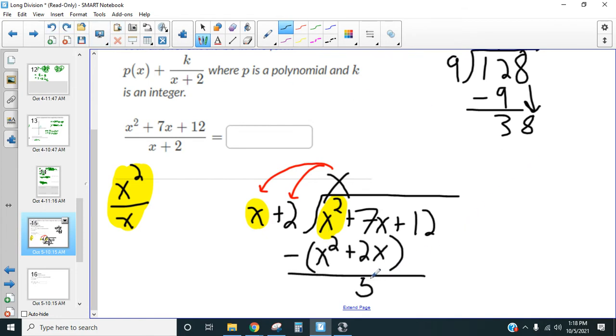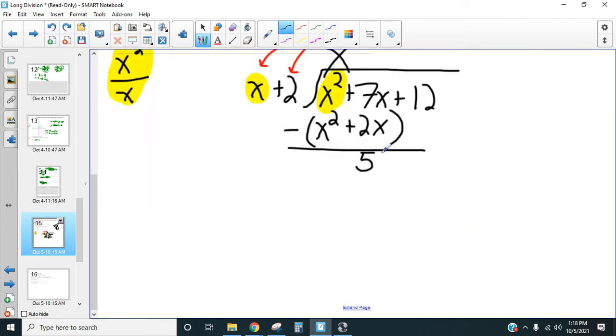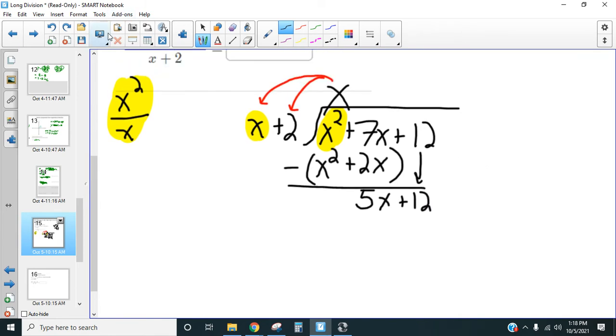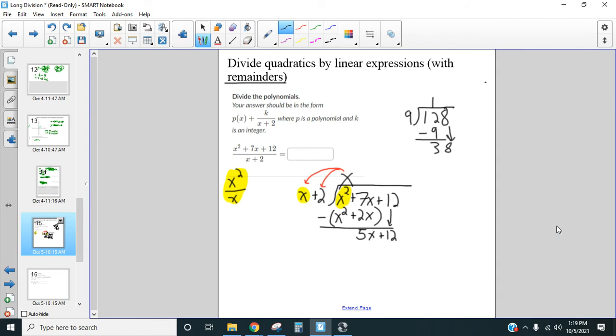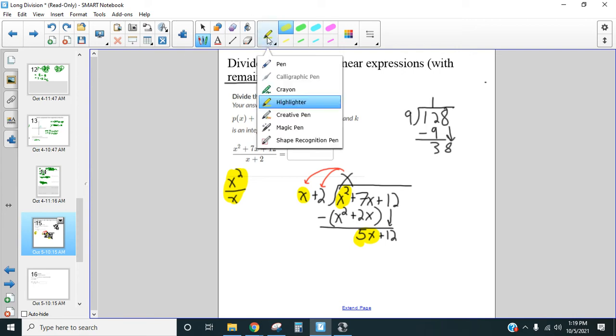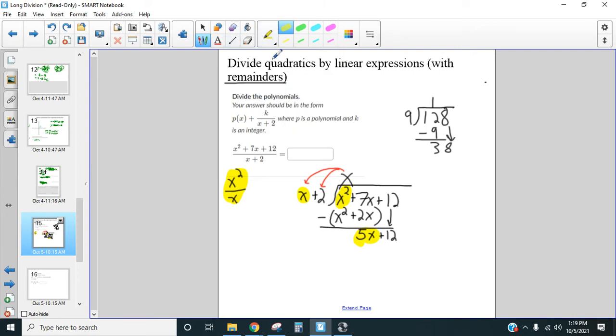All right. Now, we said we were going to do 2 things. We said we were going to subtract and then drop it on down. All right, I'm going to go here now, a little bit zoomed out. Next, I'm going to highlight this because we're doing the whole thing all the way over again. The whole process we just do again, one more time, just like we did in the numerical example. If I go back to my numerical example, we said, what's 38 divided by 9?